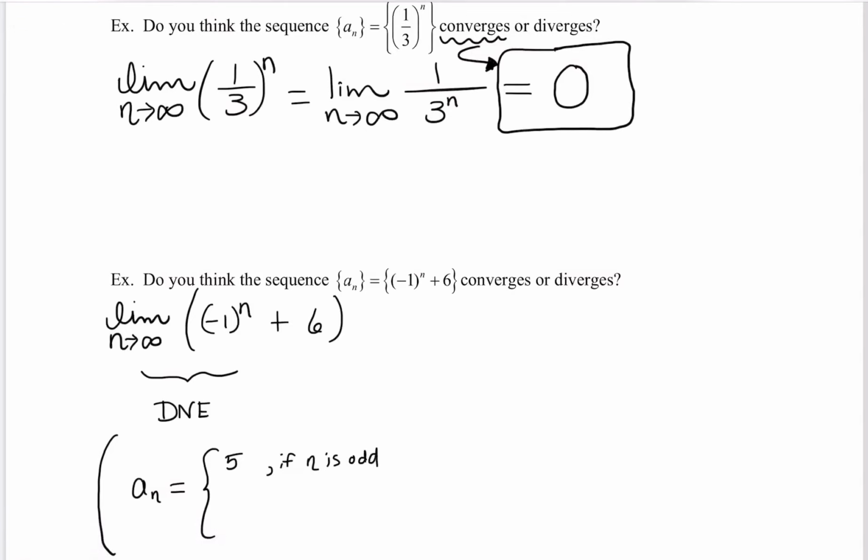If we start at the odds, we do -1, and 6 minus 1 is 5. When we're on the evens, -1 to an even power is going to be 1, so 6 plus 1 is 7.